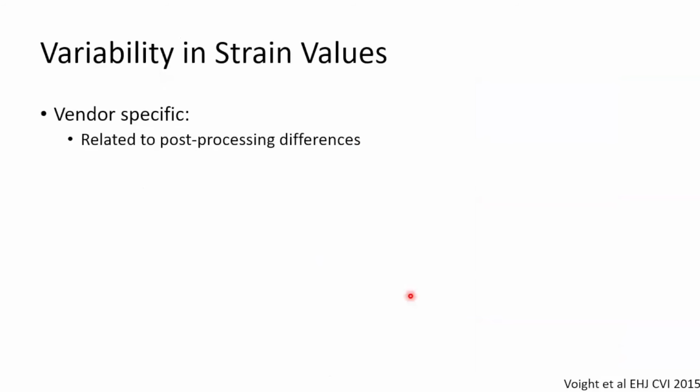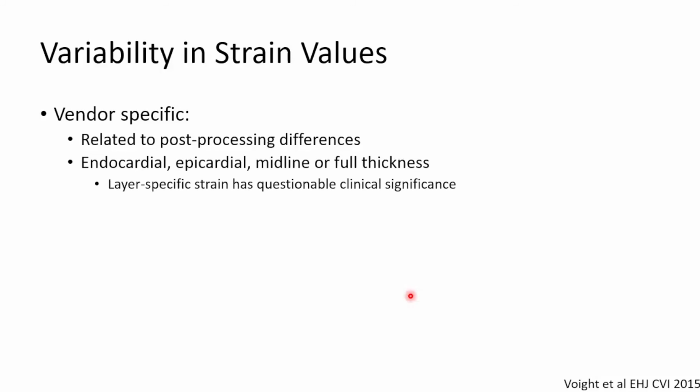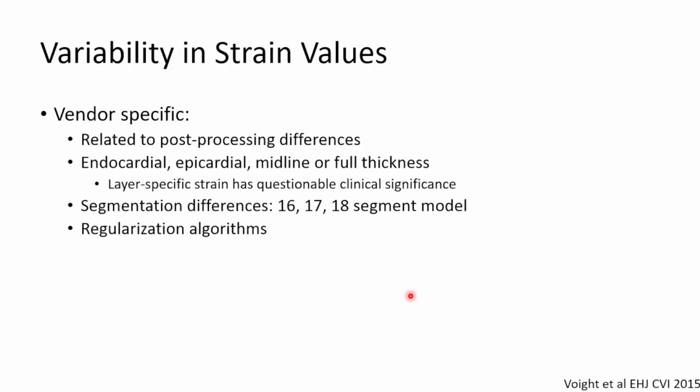So this is another thing to pay attention to that can generate variability. And then, of course, within the vendor itself, there's a lot of variability that can happen exclusive of the operator and the ways that we choose ROI or the ways we segment. Like the things I mentioned, whether it looks at the endocardial, epicardial, midline, or full thickness, that can be built into the algorithm, and it's important for us to know which one it's using. Like I mentioned, layer-specific strain has really questionable significance. Segmentation differences, whether it uses a 16, 17, or 18 segment model.